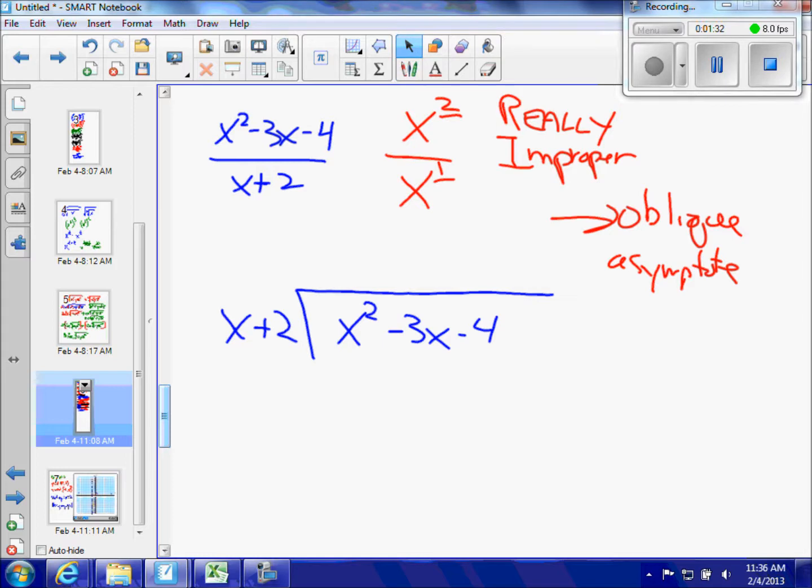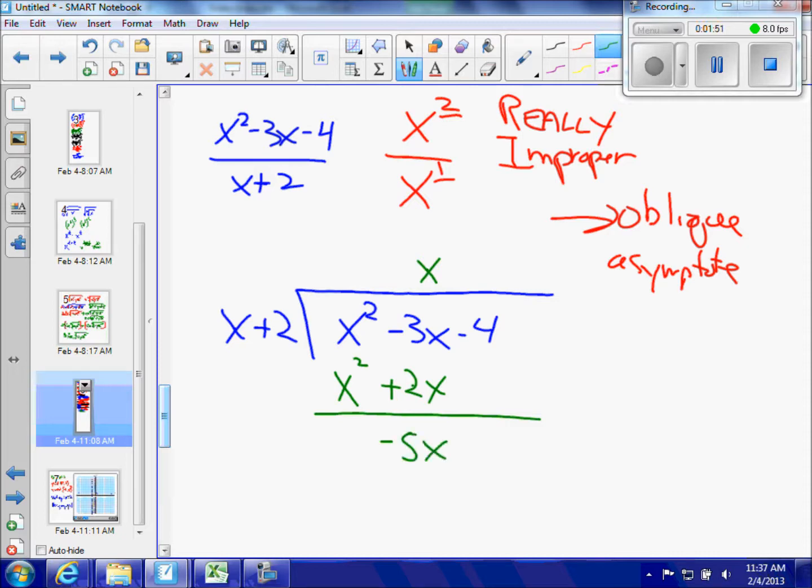Well, that's going to be x, and I'll put that right above my 3x. So x times x is going to give me x squared, and then x times 2 is going to give me plus 2x. And now I'm going to subtract. I'm going to subtract 2x from negative 3x. That gives me negative 5x. Minus 4, I bring down my 4.